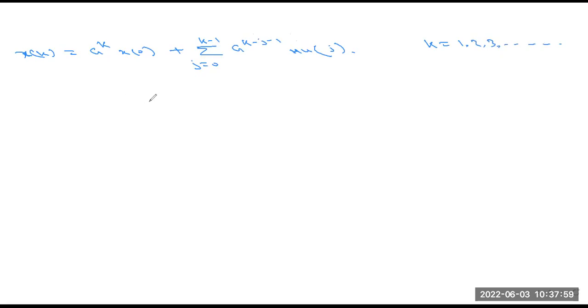So this is basically the complete equation for the linear time invariant discrete time state equations. This is equation number 3.